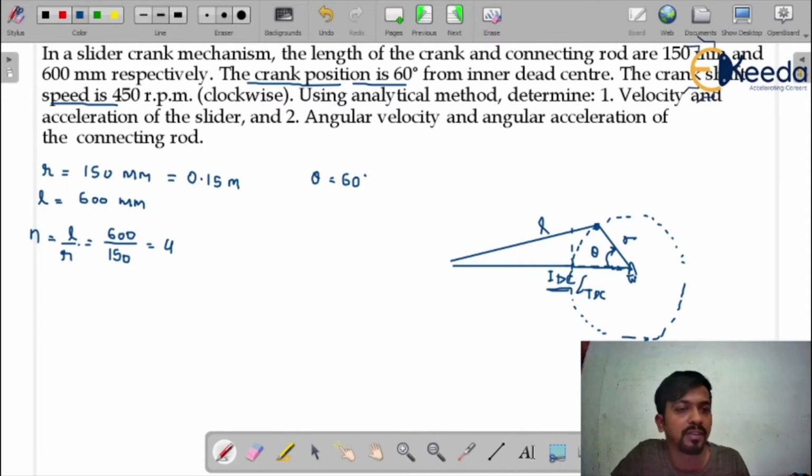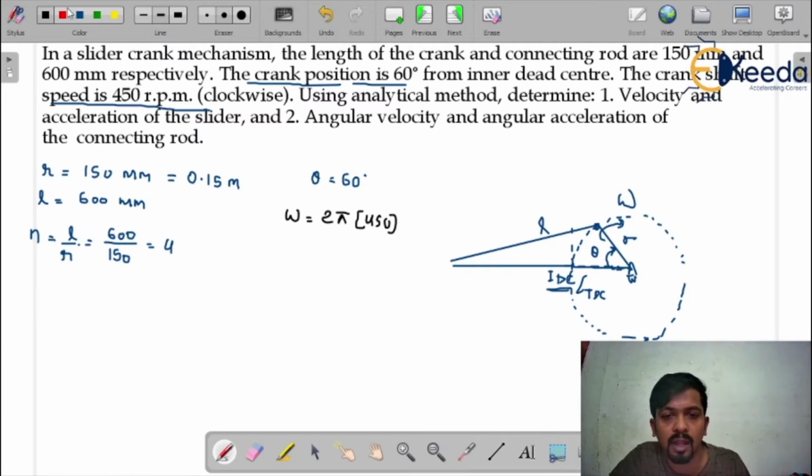The crankshaft speed is 450 rpm clockwise. That means the crank is going to rotate in the clockwise direction. So we can calculate the omega value. Omega is equal to 2 pi N. The N value is given, that is 450 rpm, so omega is 2 pi times 450 upon 60.